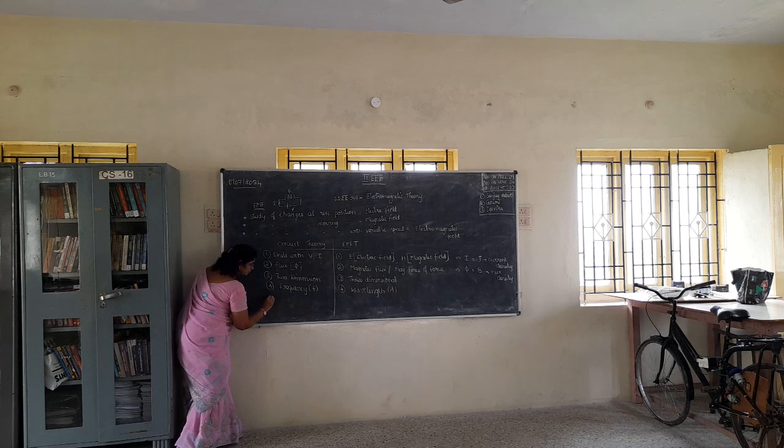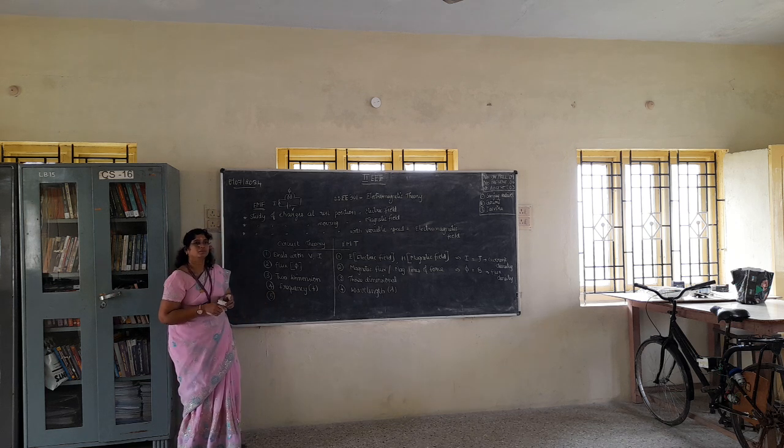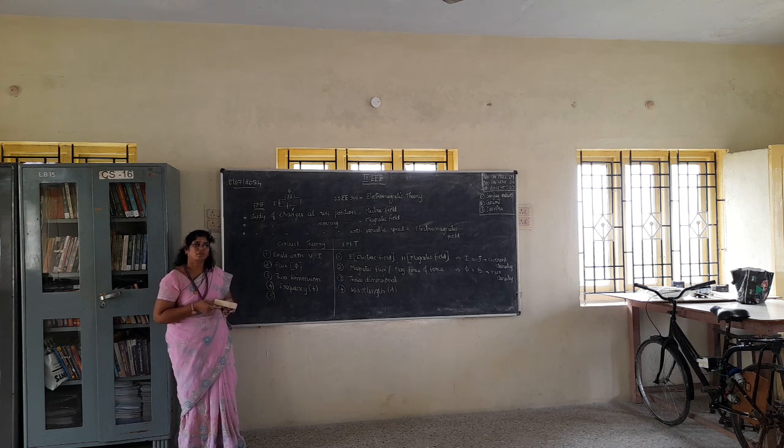Next, vector algebra topic we started. In that we had two parameters, scalar quantity and vector quantity. Scalar quantity means only the magnitude, not the direction. Vector quantity means along with magnitude, directions.